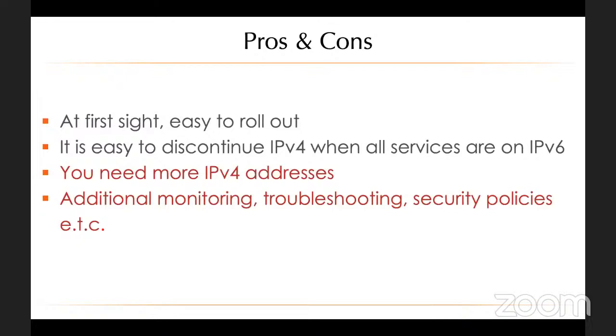The point is that my recommendation is always on the end sites, on the end VLANs, like for example your office, your home, even in the data center, if you still have IPv4 addresses, use dual stack. In those places, you really need to try to keep dual stack. What I was mentioning is in the network.